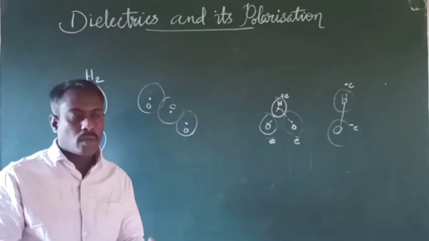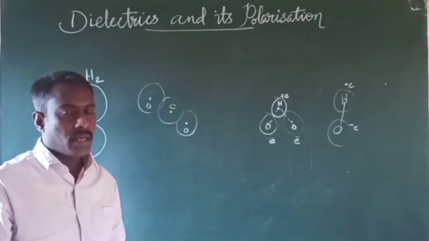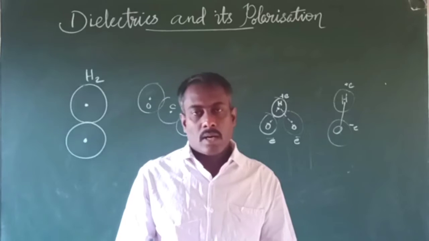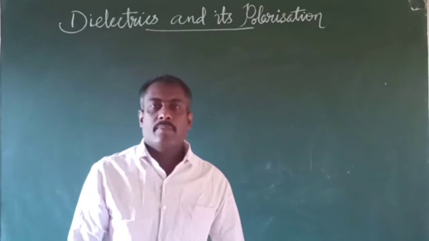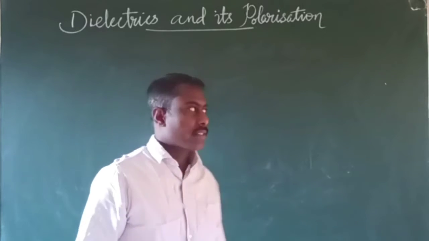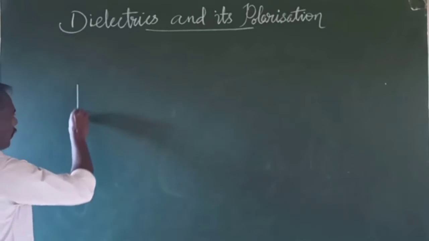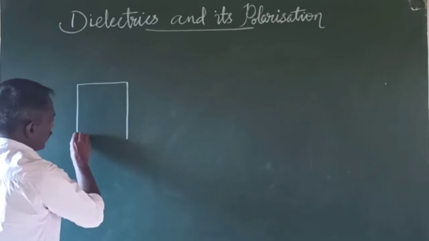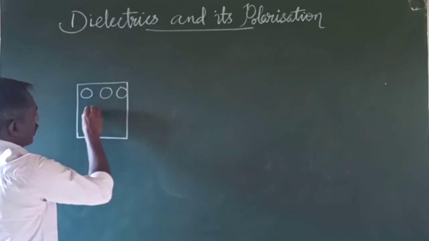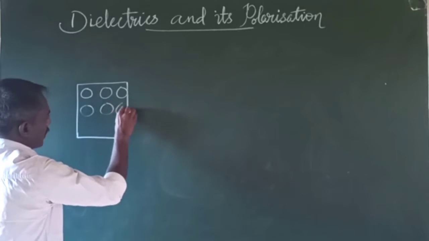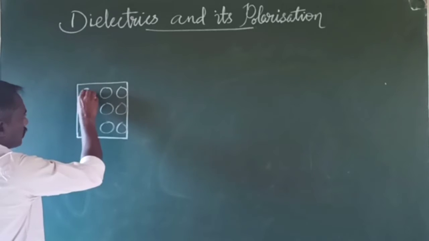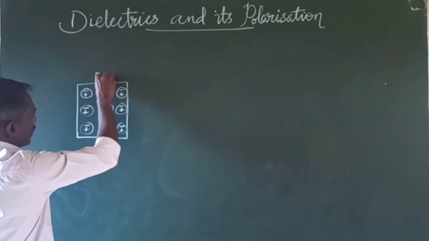When a polar or non-polar dielectric is kept in an external electric field, it gets polarized. And how do they get polarized? First, let us see how a non-polar dielectric gets polarized. Take a piece of dielectric that has many molecules arranged in a symmetrical manner, with negative and positive charges. The external electric field here is 0.